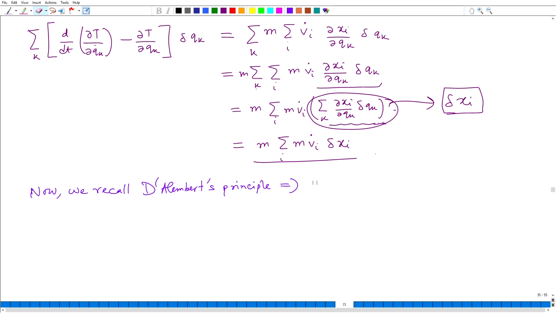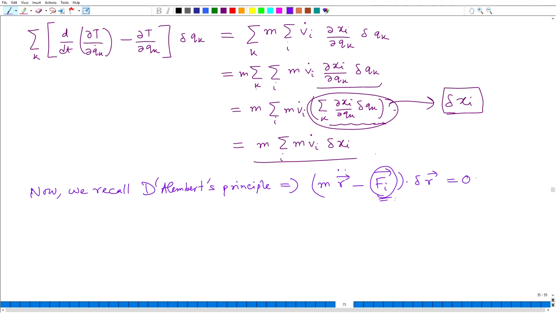So, you see that D'Alembert's principle simply says that m r double dot minus f i, okay, dot delta r is equal to 0, where this one is the force acting on the particle excluding any force of constraints. Okay. That is true. Okay.